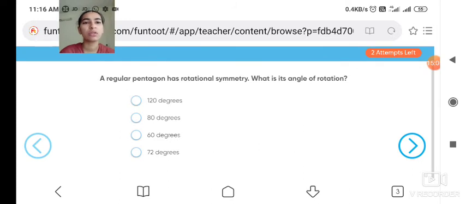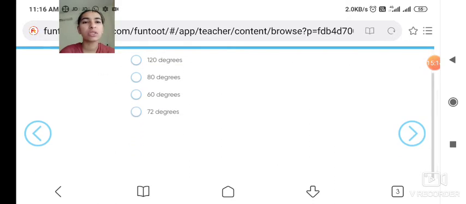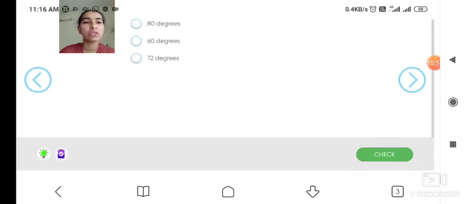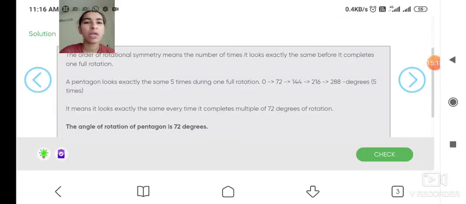Now this question is of a pentagon. A regular pentagon has rotational symmetry. What is its angle of rotation? First, see these are the options. And what is the shape of a pentagon? A pentagon has 5 sides.